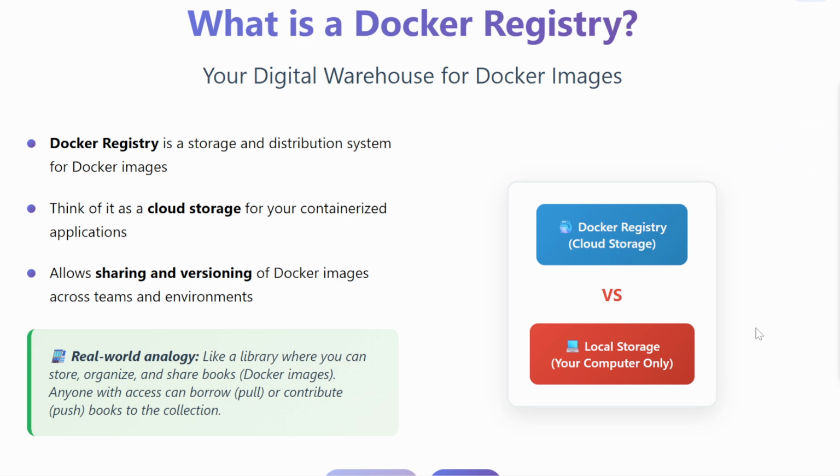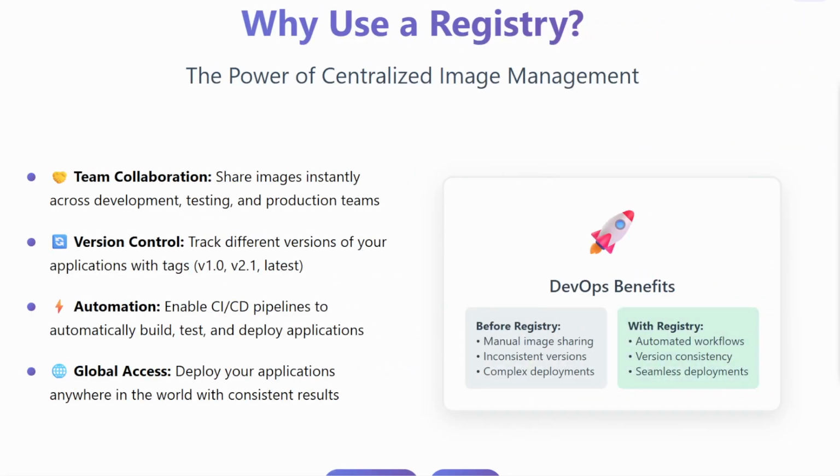Coming to why we need to use a Docker registry. We need to understand the power of centralized image management, why it is required, and what happens if we keep images locally only. Let's discuss it. A registry, that means a centralized image management system, enables team collaboration.